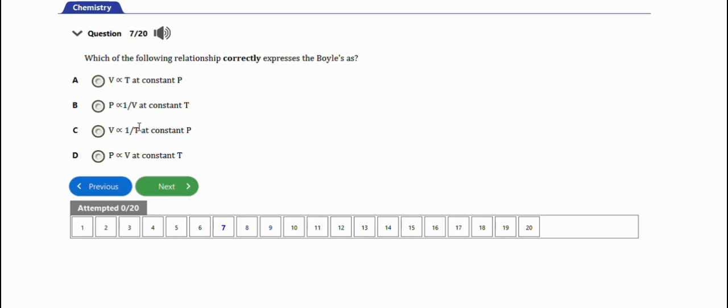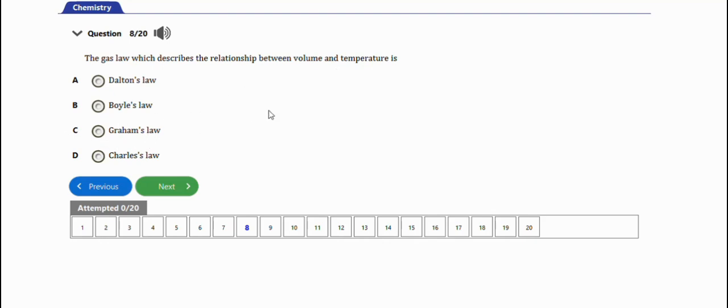So the right option here that represents this is option B. Temperature is constant, so volume is inversely proportional to pressure. So this is option B. Next repeated question will be this one. It says the gas law which describes the relationship between volume and temperature as well is Charles' law.